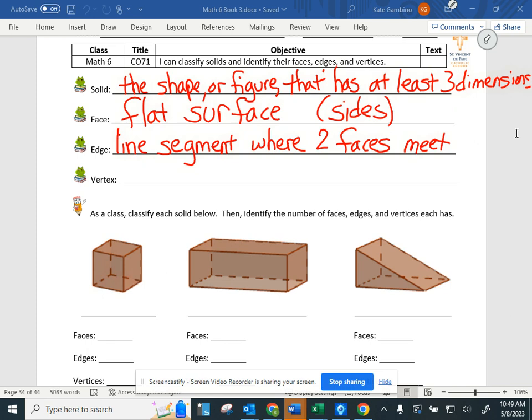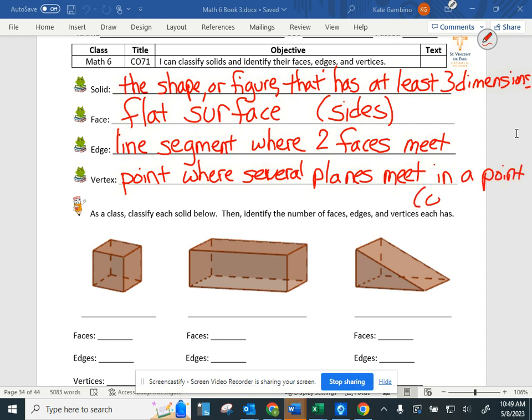So we've talked about the face, which is the flat side. We've talked about the edges where those flat sides meet. Then we have the vertex. The vertex is the actual point where several planes meet in a point. And we call this the corner.